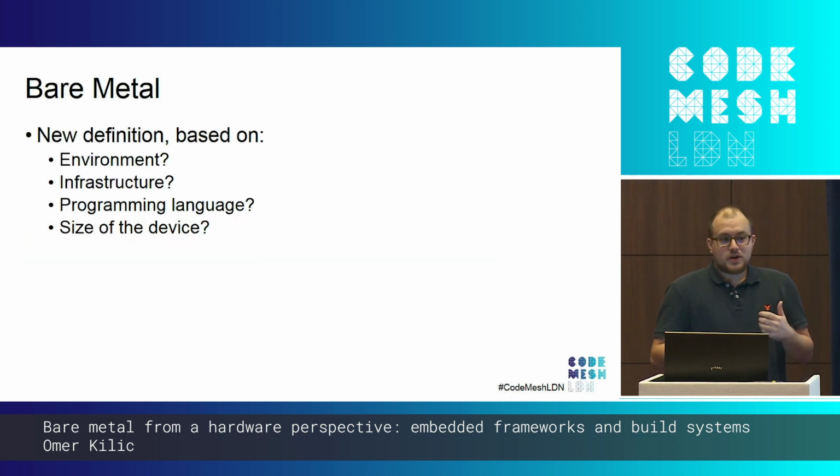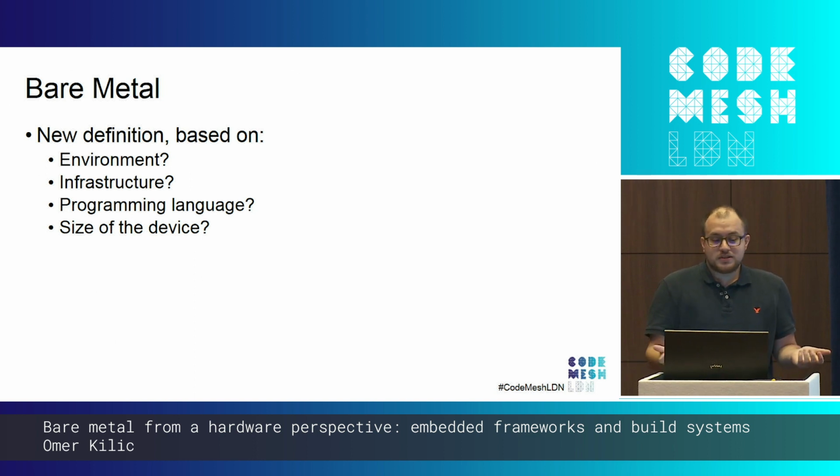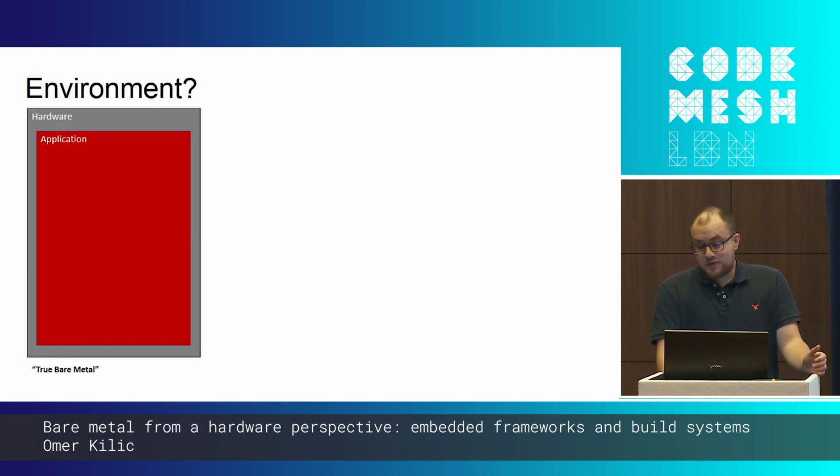So let's try to find a new definition, or fit it into constraints based on environment, infrastructure, programming language, or the size of the device we're running these things on. By the traditional definition, our application should run directly on hardware, nice and easy.